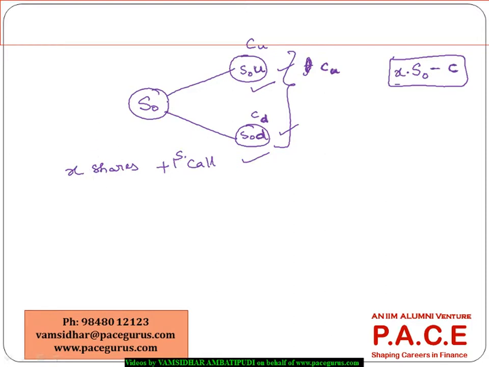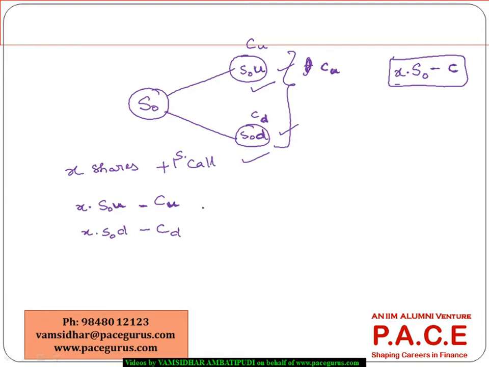So I'm creating a portfolio of X shares, assuming that the stock price has gone to S naught U, where it has gone up, and because of the short call, if it is exercised, then it is coming out to X S naught U minus CU. Similarly, when the stock price goes to S naught D, the value is becoming X S naught D minus CD, in case that is exercised also.